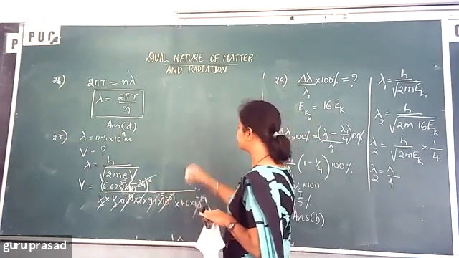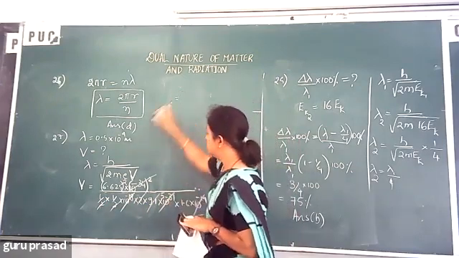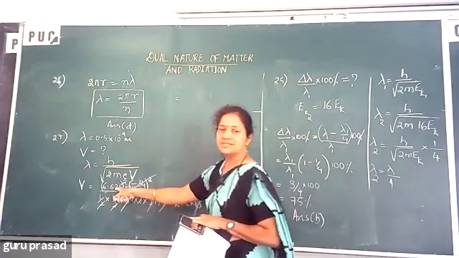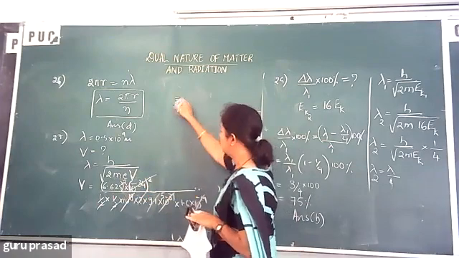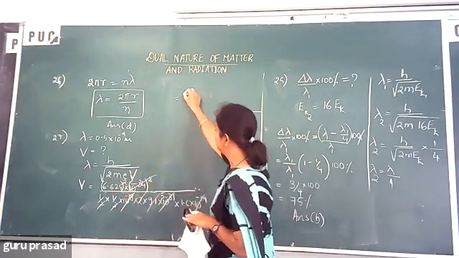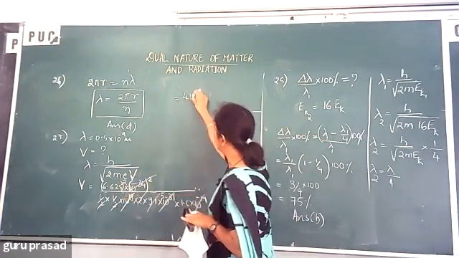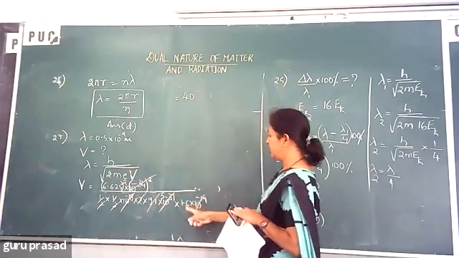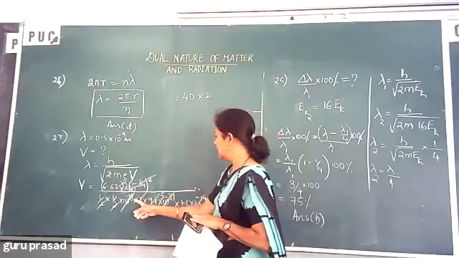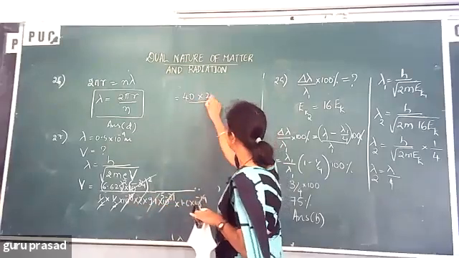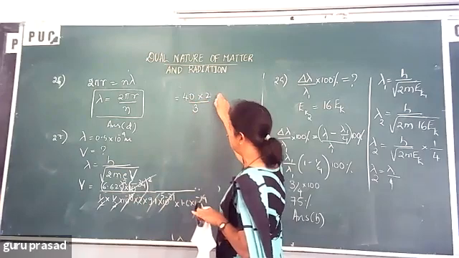So how much? 6, 36. You can round it off to 40. Almost 40 into this 3 by 2. 2 goes to numerator. 3 remains.